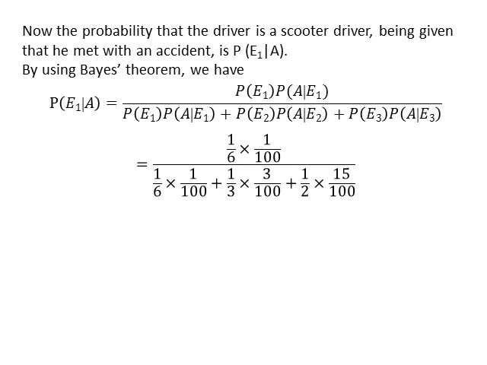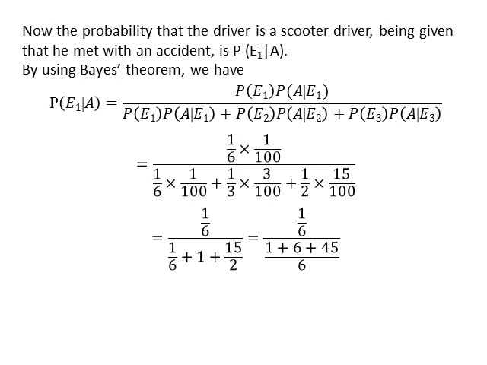In the next step, substitute the values of the probabilities as shown. Simplify it. After simplification, we get the probability of E1 given A equals 1 by 52.